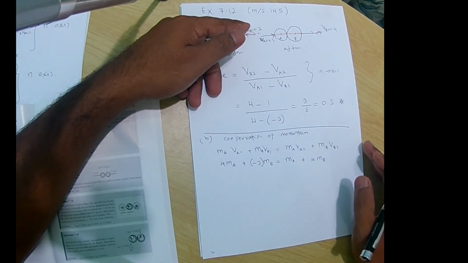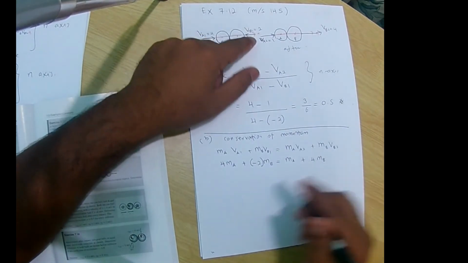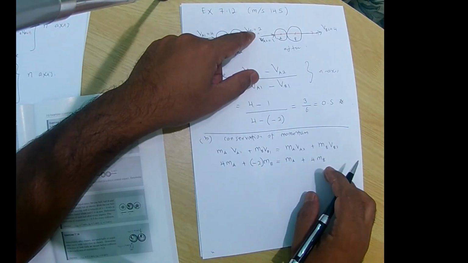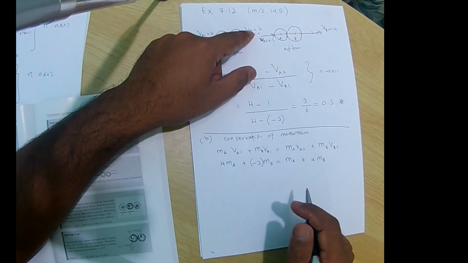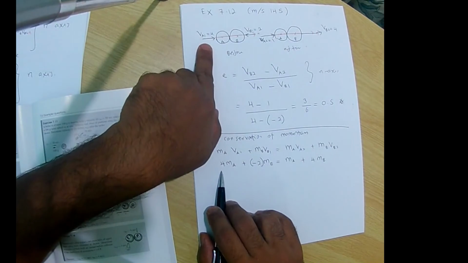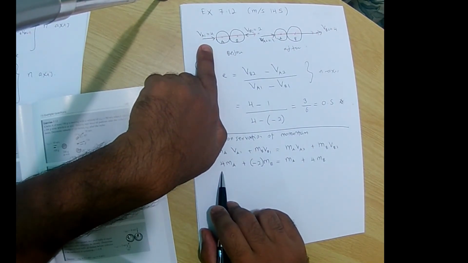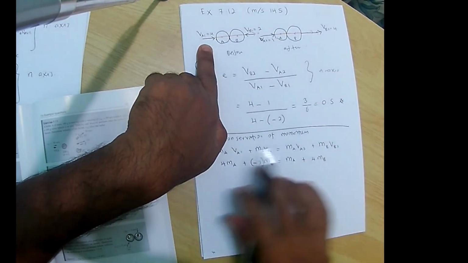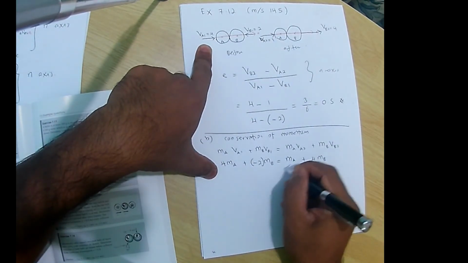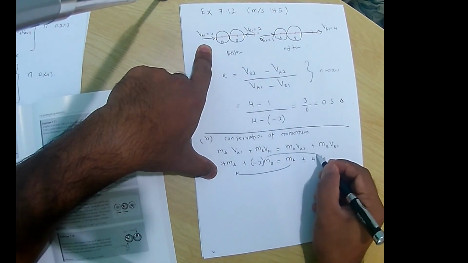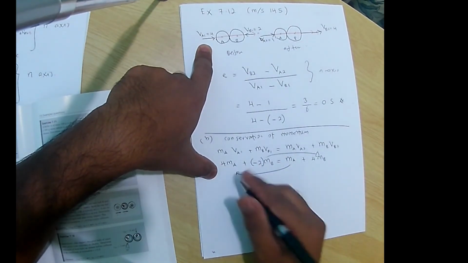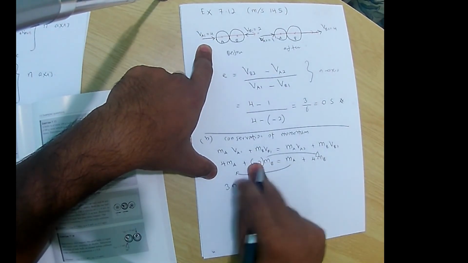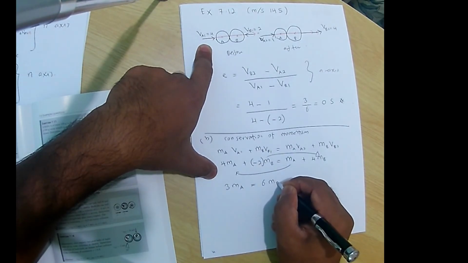So put all MA on one side and MB on the other. We have 4 minus 1, so 3 MA, equal to 4 plus 2, 6 MB.